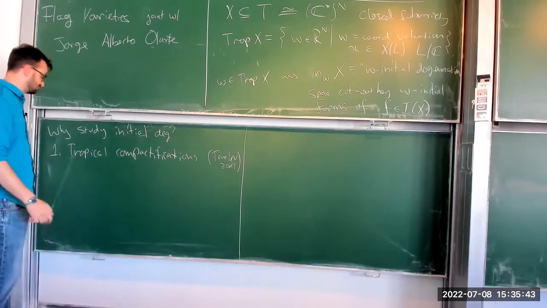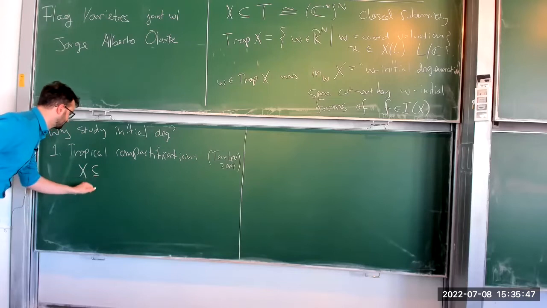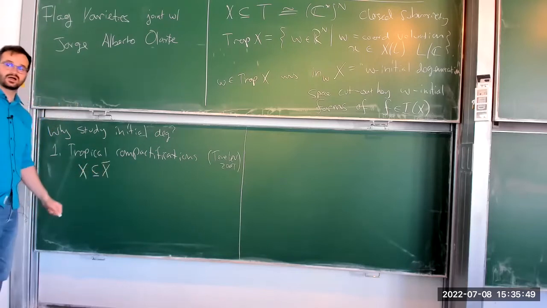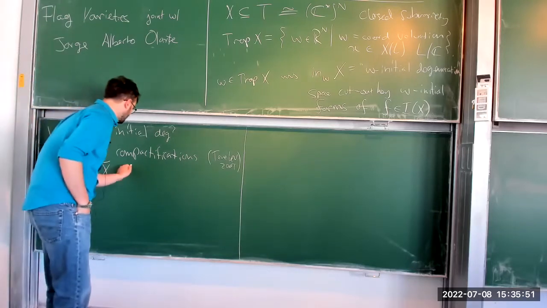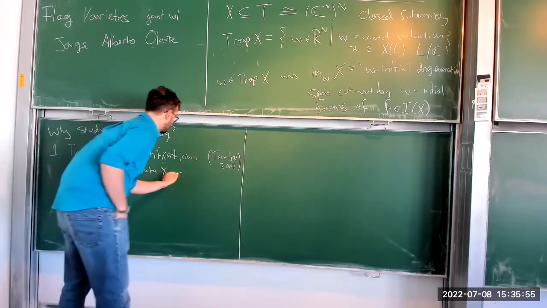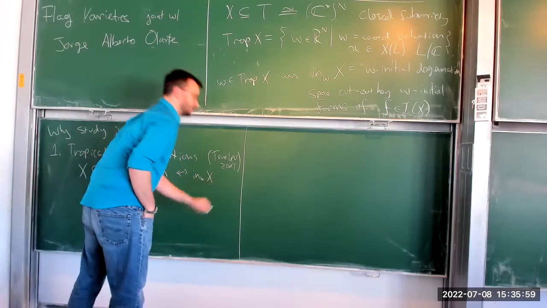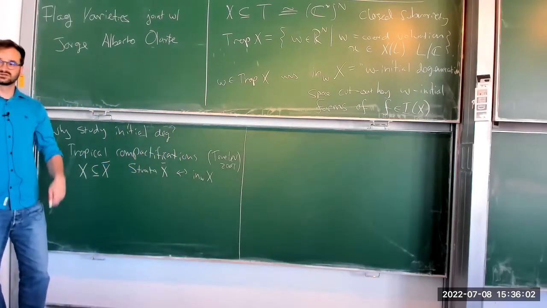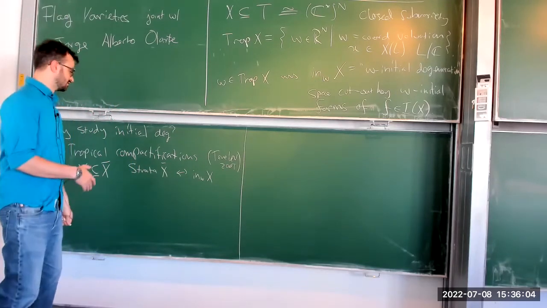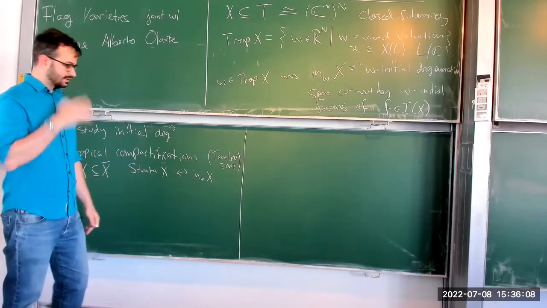The rough idea is the following. If you have such a tropical compactification of X, let's call it X bar, then the strata of X bar essentially correspond to the initial degenerations of X. Roughly speaking, the strata of X bar are parameterized by the cones of the tropicalization.